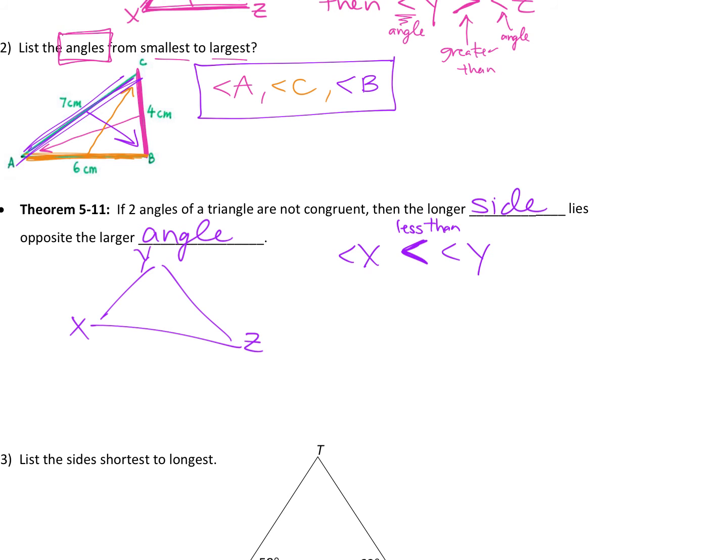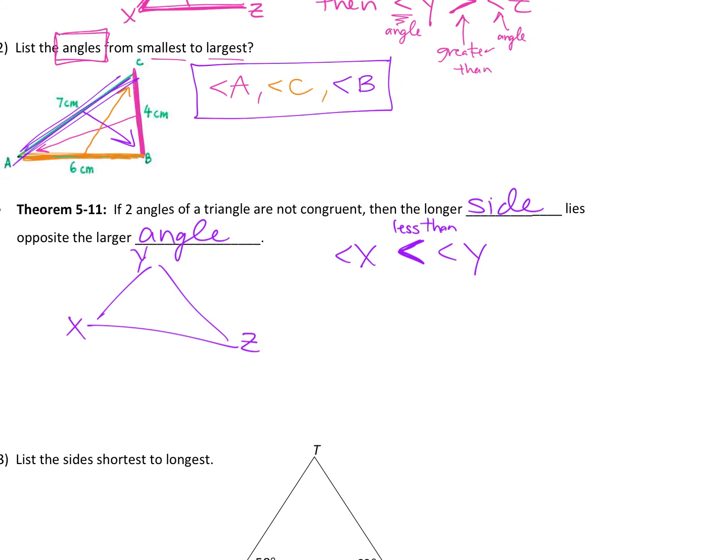If angle X is less than angle Y, then the side across from X, which is YZ, will be less than the side across from Y, XZ. Okay, so it's always the angle and the side across from it, the angle and the side across from it. That's the relationship we have.